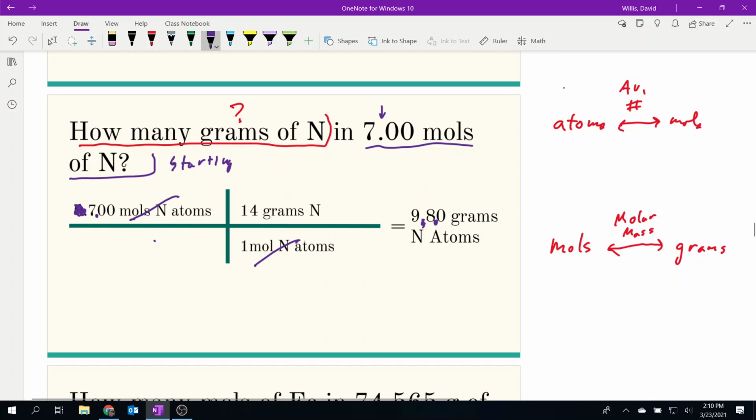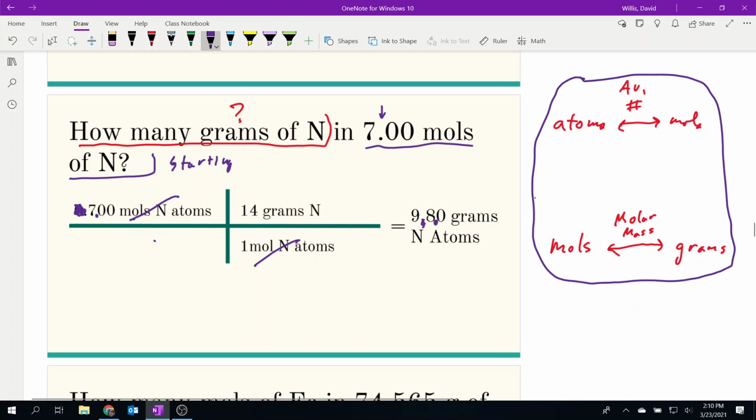If you can remember these things right here, this is a big deal for you. Those 2 conversions are going to be key for this unit, because you will either be going from atoms to moles, moles to atoms, or grams to moles, moles to grams, or you will be comparing number of moles to number of moles.